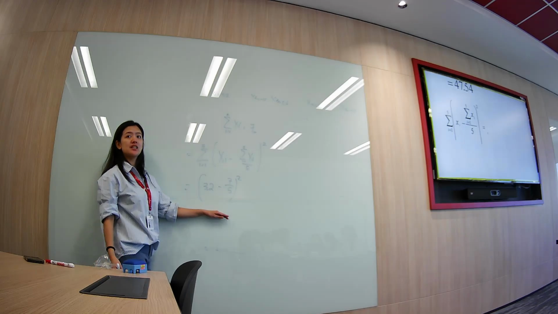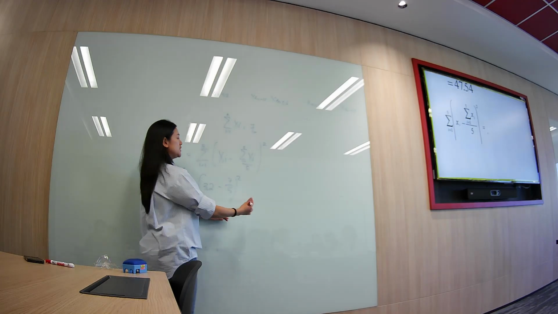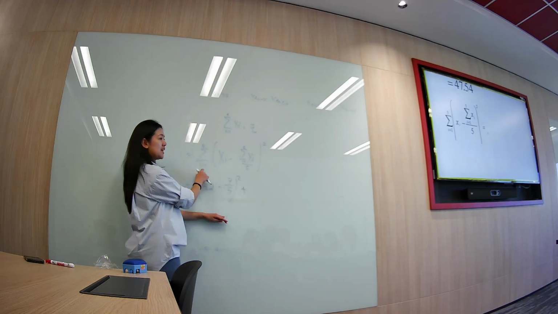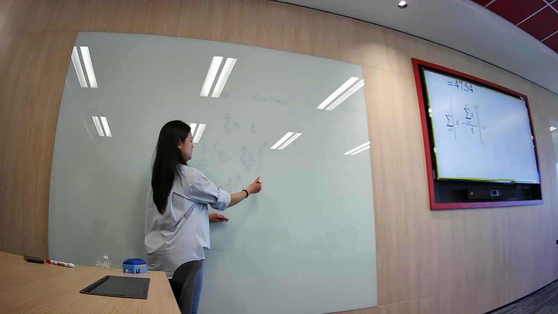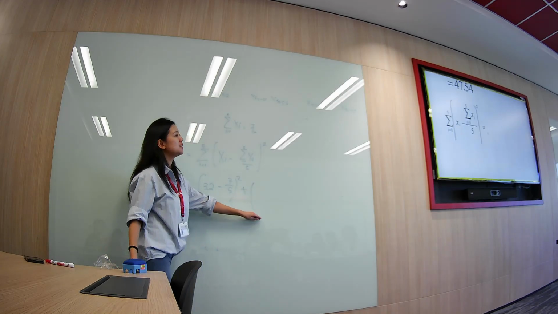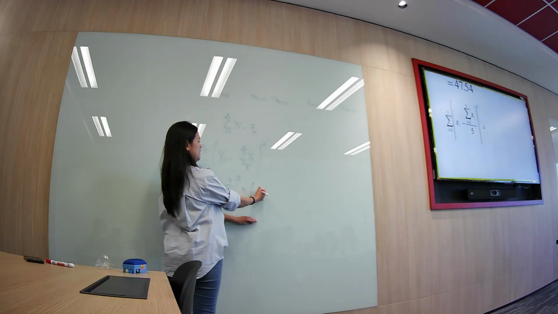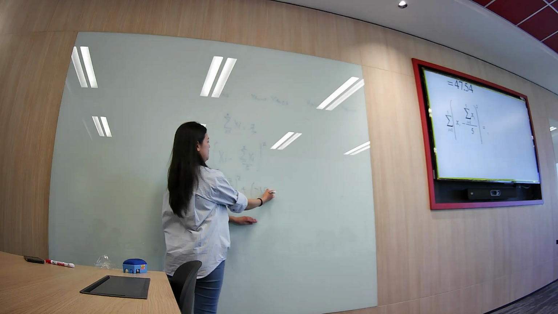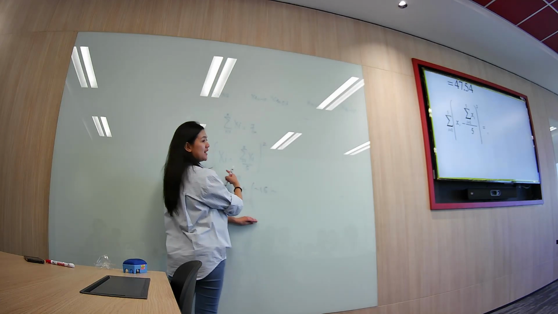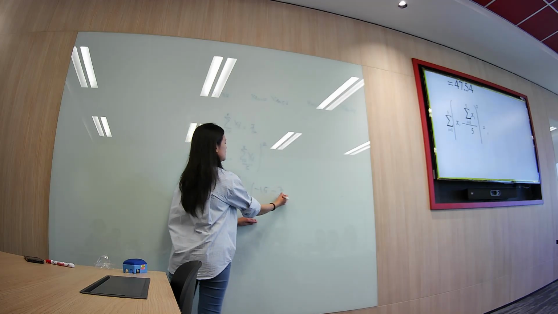That's done for the first data point. Now let's move to the second data point. Because this is a summation, you need to add. The second data point will be 1 minus 1.5, minus again 7 over 5 squared.